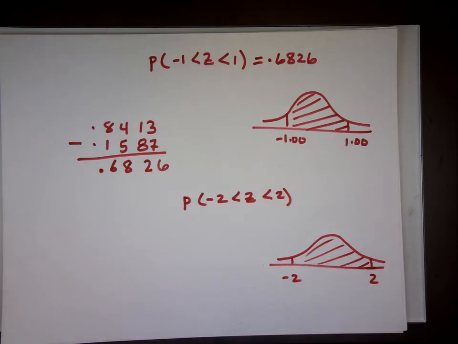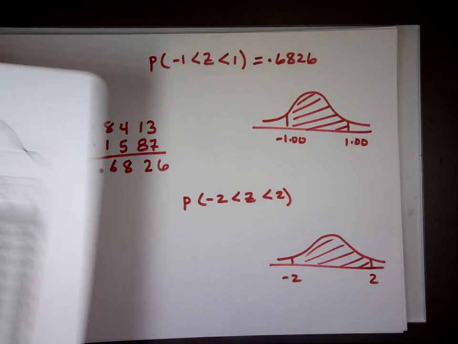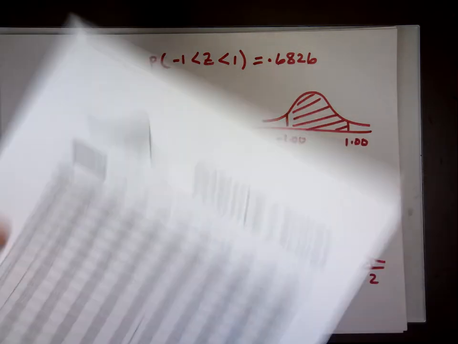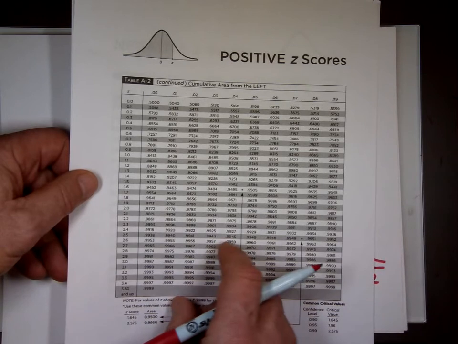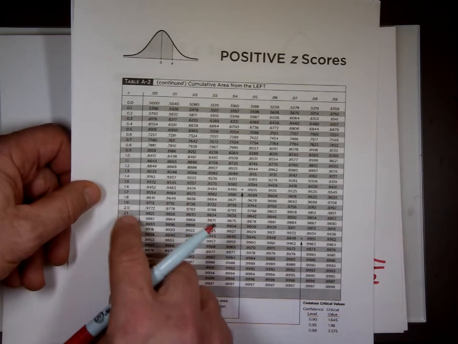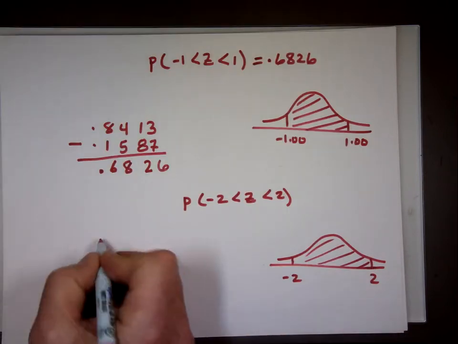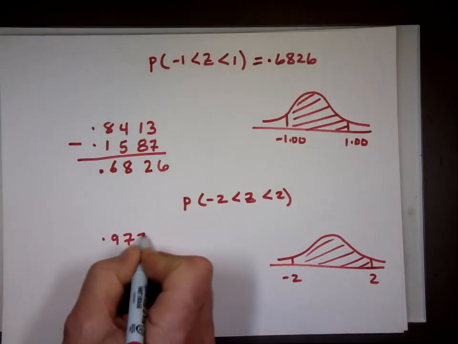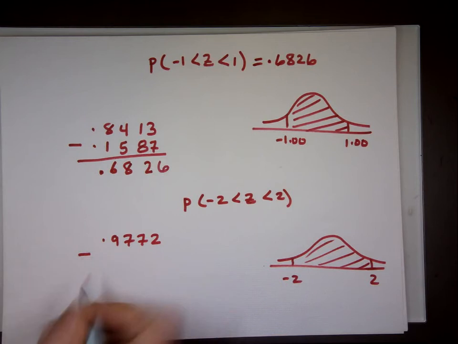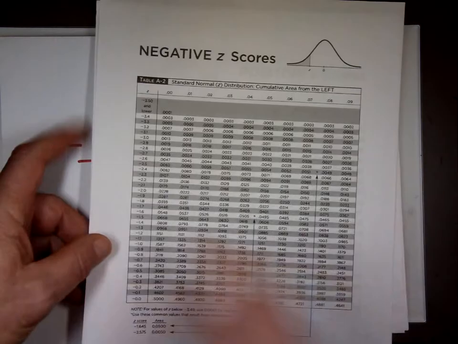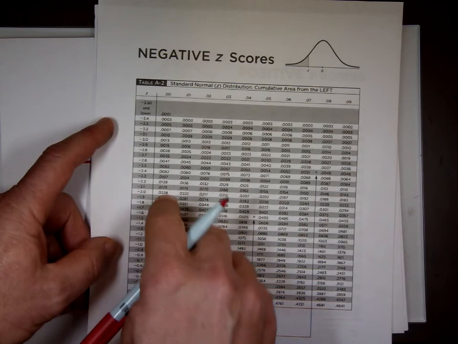We look at the 2.00, positive 2.00. Here's the chart. 2.00 is 0.9772. Negative 2.00 is 0.0228.